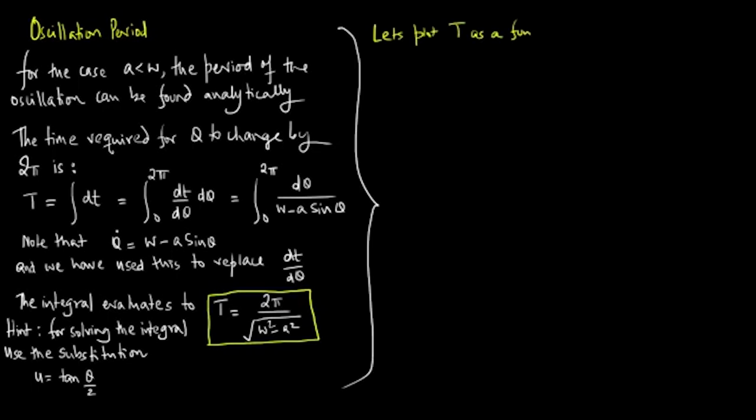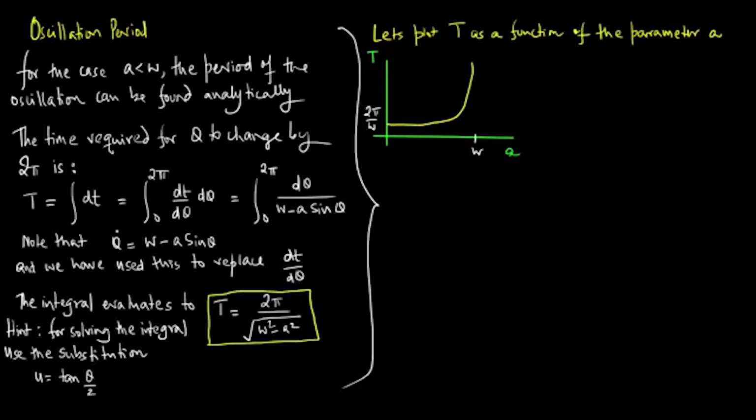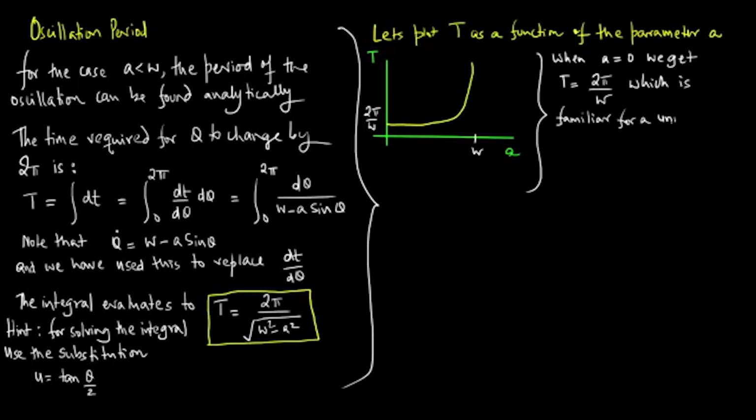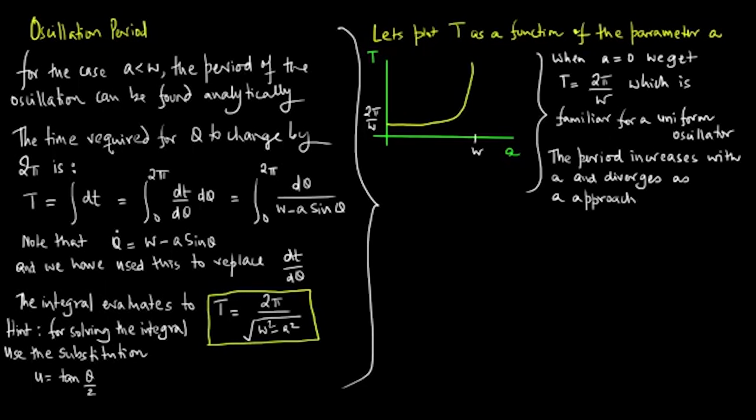Now let's plot capital T as a function of the parameter a. When a is equal to 0, we get capital T is equal to 2 pi by omega, which is familiar for a uniform oscillator. The period actually increases with a and diverges as a approaches omega from below.